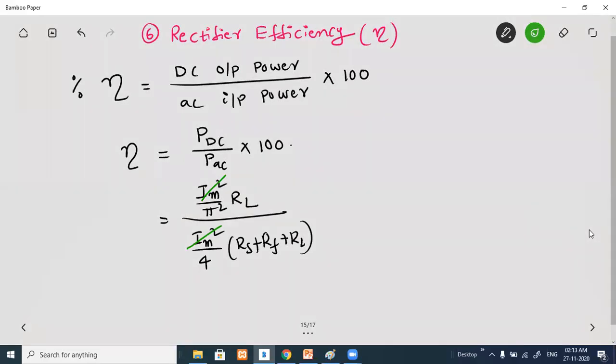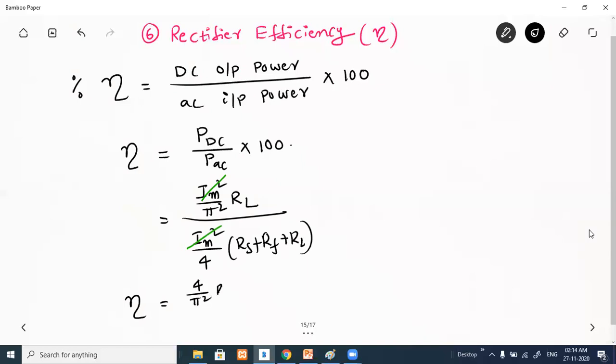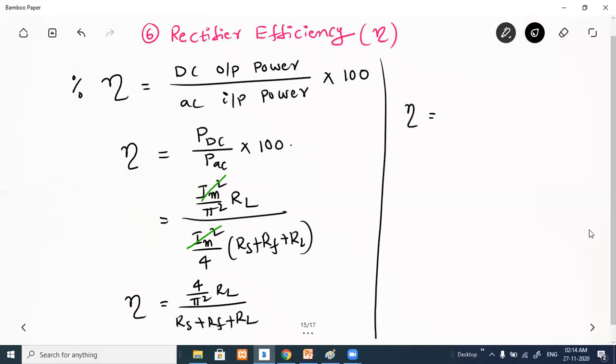So the efficiency is equal to 4 by pi square into RL by Rs plus Rf plus RL. Then the efficiency is equal to 4 by pi square, which is 0.406, divided by Rs plus Rf by RL plus 1.